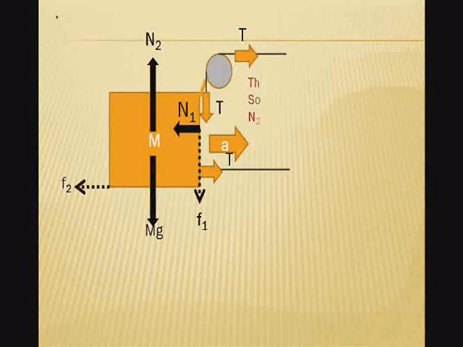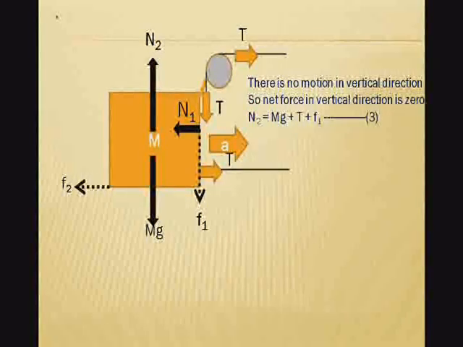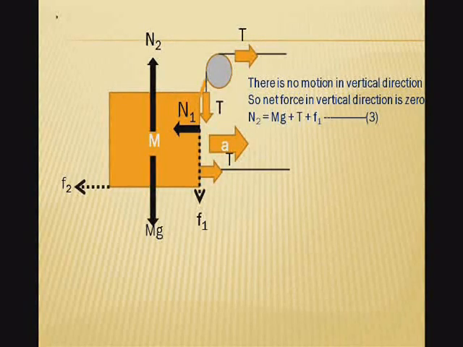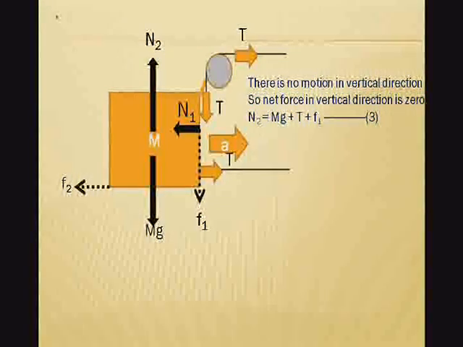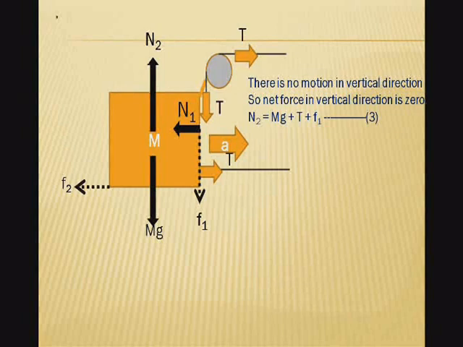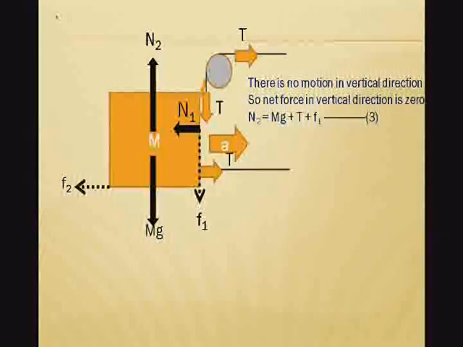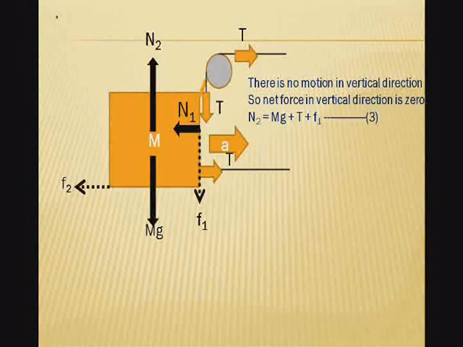So in the vertical direction there is no motion. It means in the vertical direction the net force should be 0. It means the vertically upward force is equal to the downward forces. So the vertically upward force is N2 and the downward forces acting on the block are F1, Mg and T.